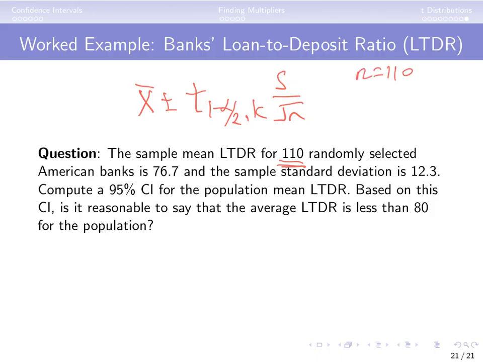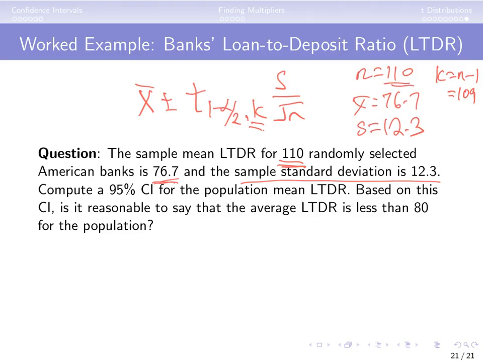We already know the sample size is 110. Sample mean is 76.7, so x bar is 76.7. Sample standard deviation is 12.3, so s is 12.3. The degrees of freedom, k, equals sample size minus 1, so it's going to be 109, because we know the sample size is 110.